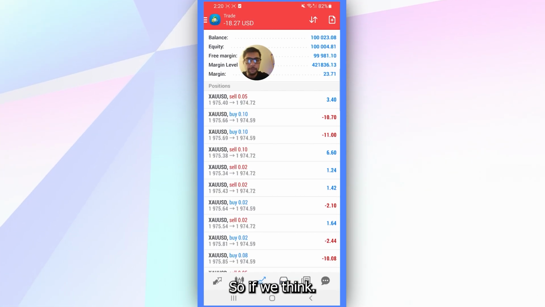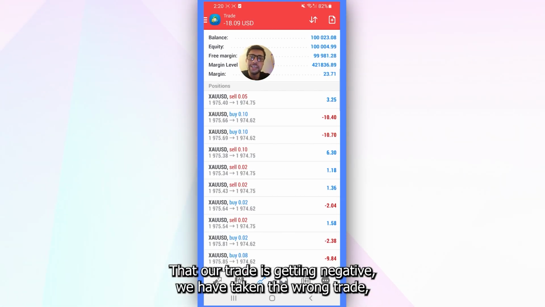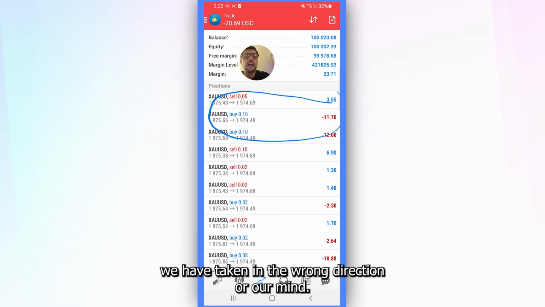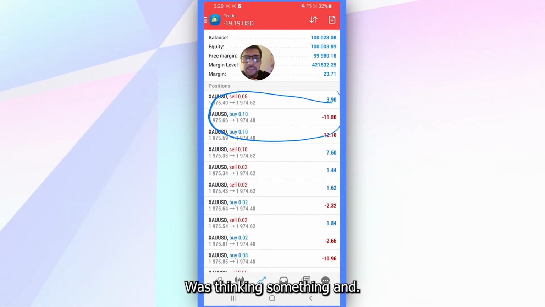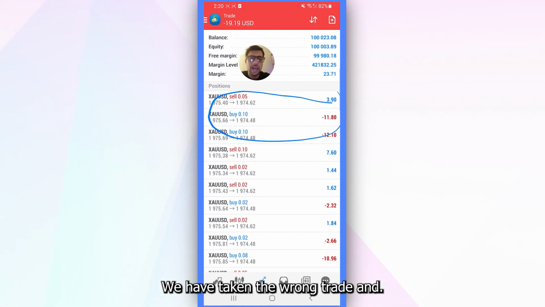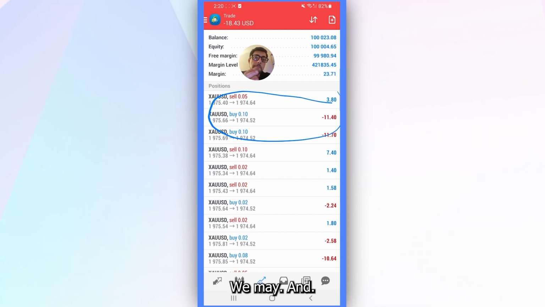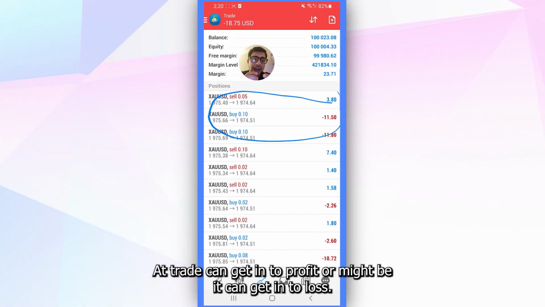So if we think that our trade is getting negative, we have taken the wrong trade, we have taken it in the wrong direction, or our mind was thinking something else and we have taken the wrong trade, it might get into profit, or it might get into loss.